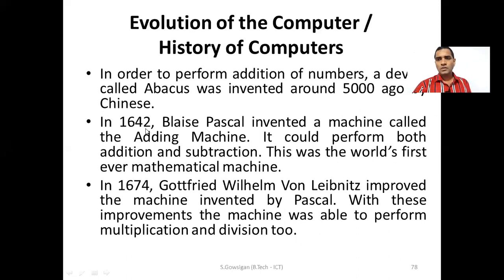Second, in 1642, this is important, there was a French mathematician called Blaise Pascal. In short, we can call him Pascal. He invented an important machine called Pascaline. I think I didn't mention the name here, doesn't matter, you can write it somewhere.